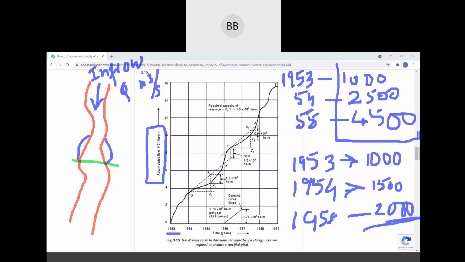So these are your accumulated inflow, which you are going to substitute in the y-axis, and in the x-axis you have time. Here we have taken years. If you take months, then we have to take the average inflow for that particular month. Suppose in 2020, last year, it will be January, February, March, April till December.